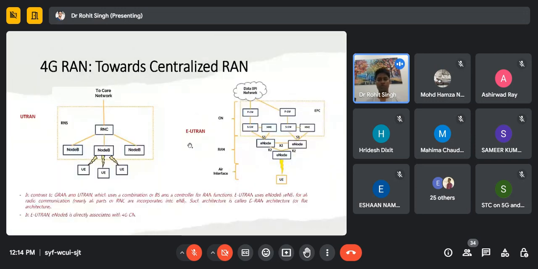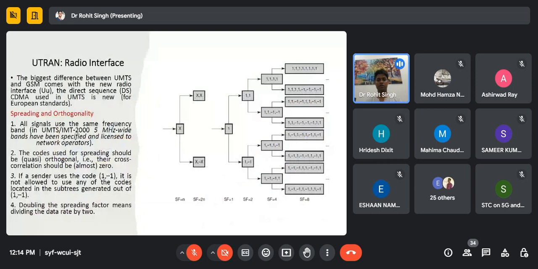Okay. So till now we have discussed the DRAN, distributed RAN. I will let you know what a DRAN is. We have discussed the RAN perspective of first generation, second generation, 2.5 generation and third generation, and what the enhancements are. So I think we have to close our session here.